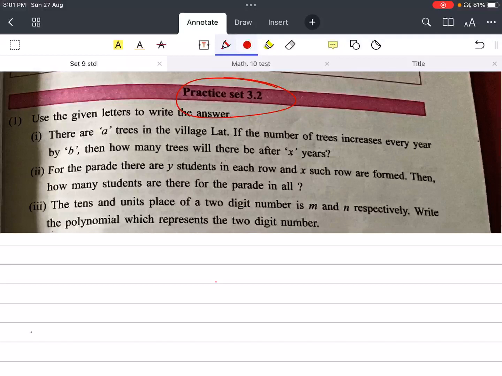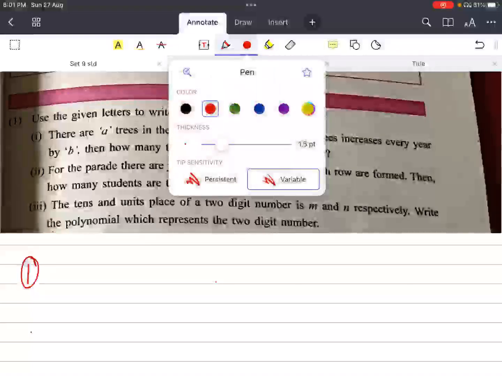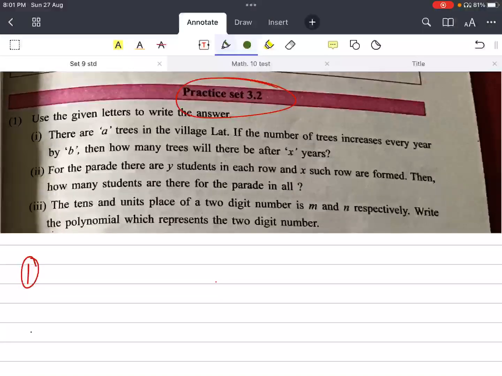First of all, consider this the first question. Use the letters and write an answer. Simply, we have to use variables, and by using these variables, we have to convert this data into equation form.